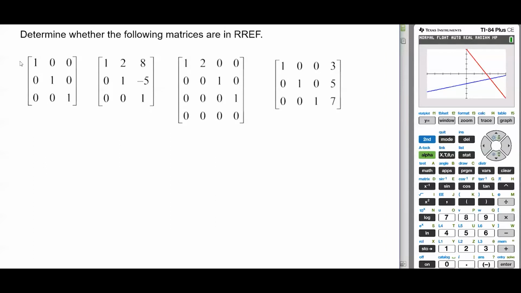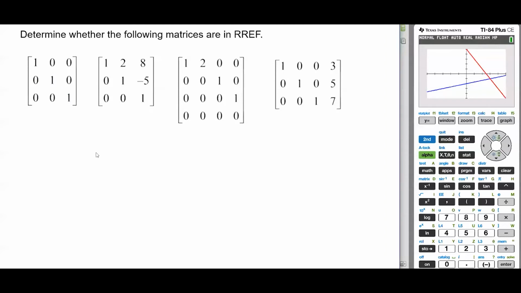If we read from left to right, the first non-zero entry in each row is a 1. Right? The first time we get to a non-zero number, that is a 1. And these 1s here are called leading 1s. They lead the row.